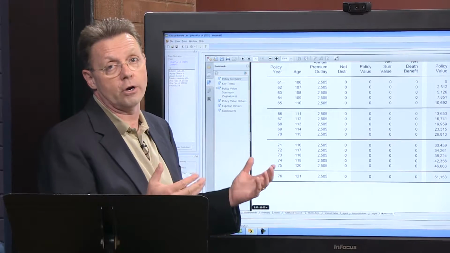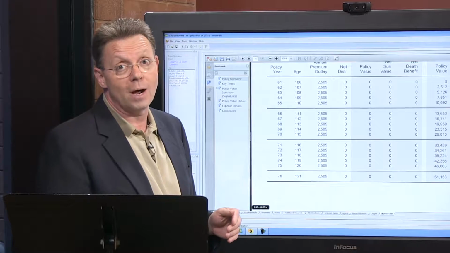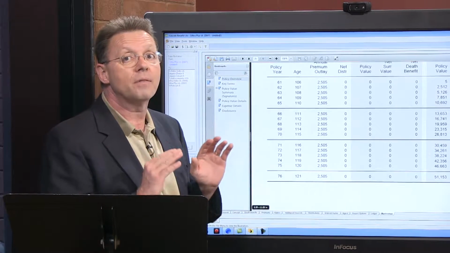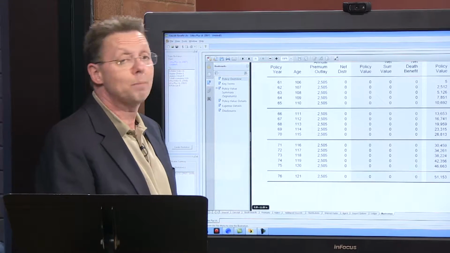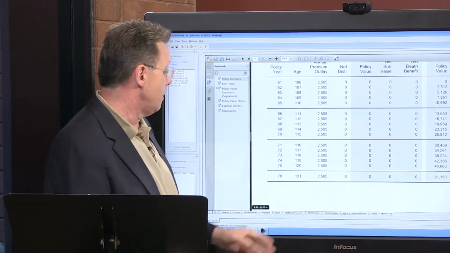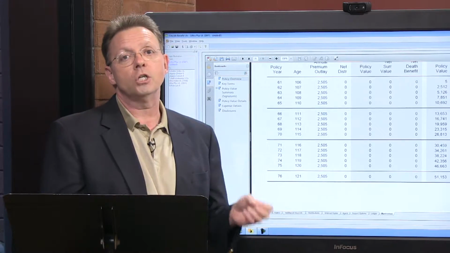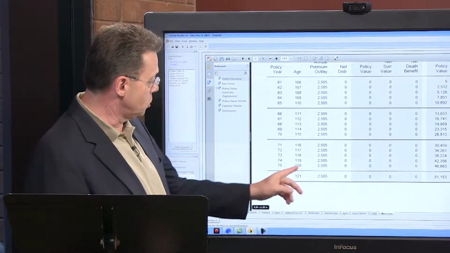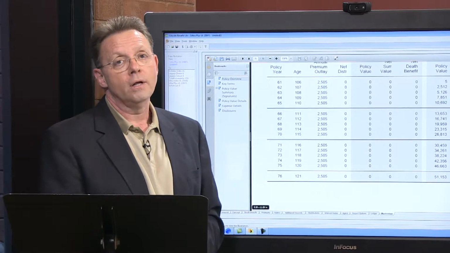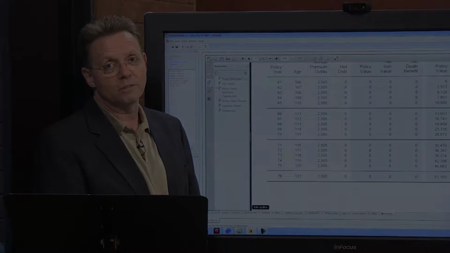It depends upon each carrier. They may stop charging COIs at age 100. It just depends upon the contract. You'll have to review each policy to make sure you're getting what you want. But there are the numbers based on current assumption all the way out to the maturity date of 121, the endowment date of this contract.